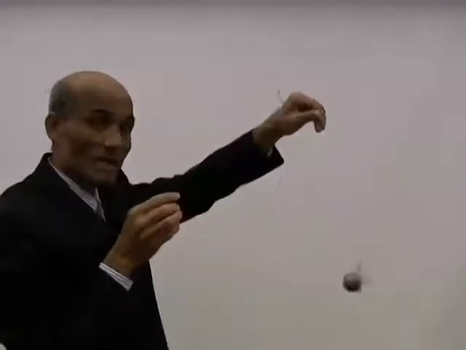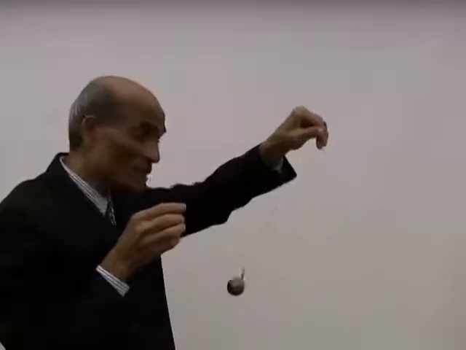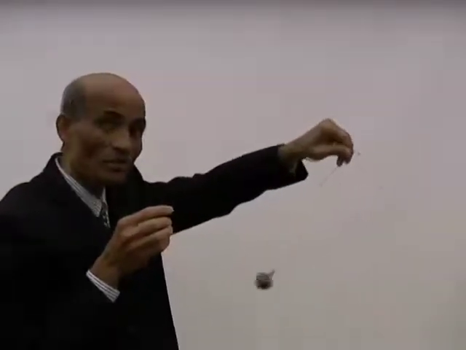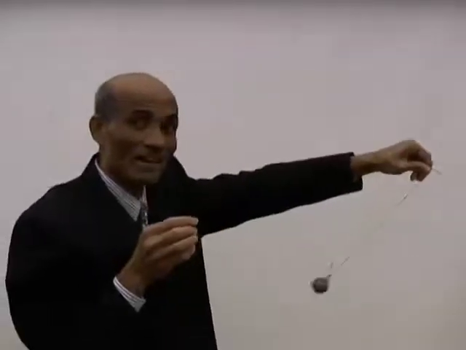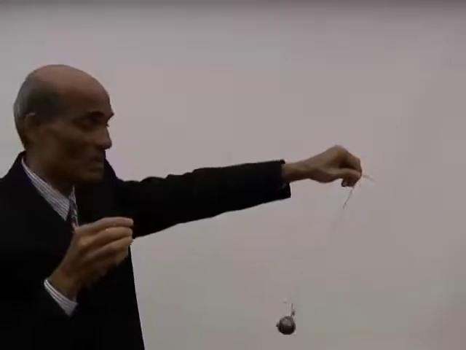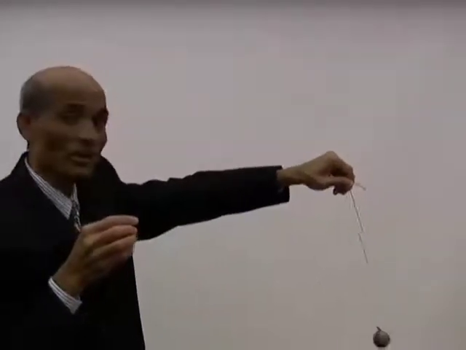Now, if the speed is increased, that angle will increase. See what happens? I'm increasing the speed, that angle is changing. The angle is increasing, if you notice that. If I decrease the speed, the angle is decreasing.